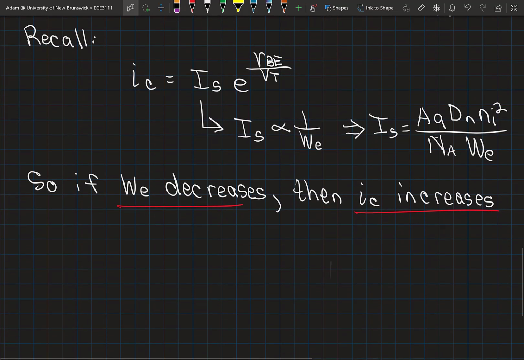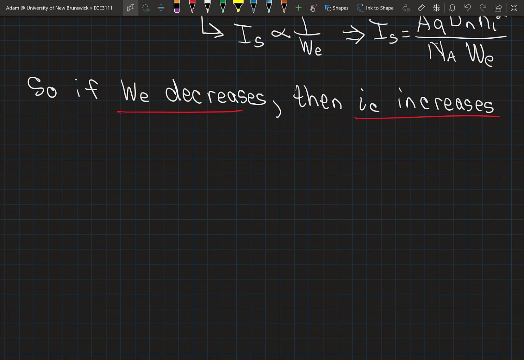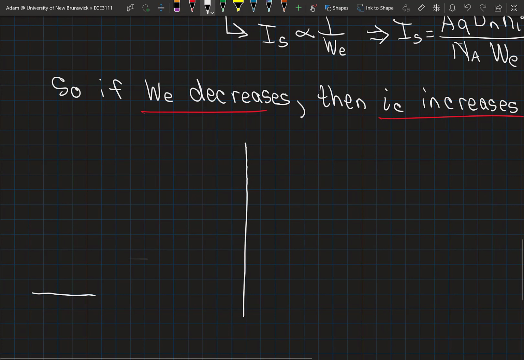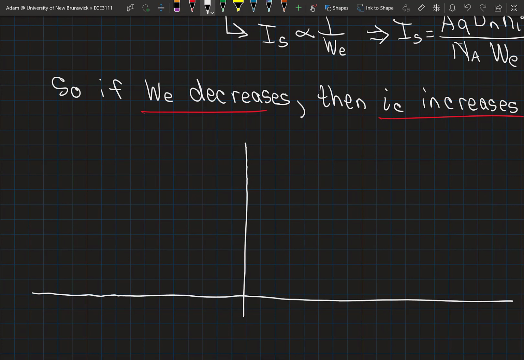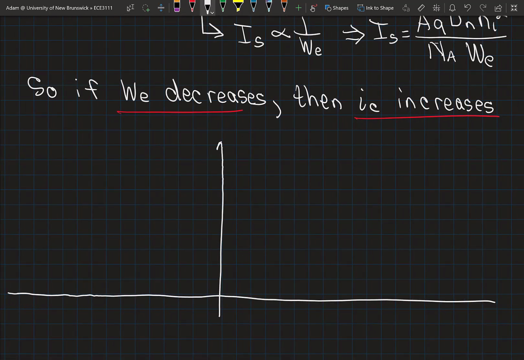Okay, so what does our IV characteristic of our output look like when we take this into account? Let's plot it again: the collector current as a function of VCE, and let's put our VCE sat point on here.